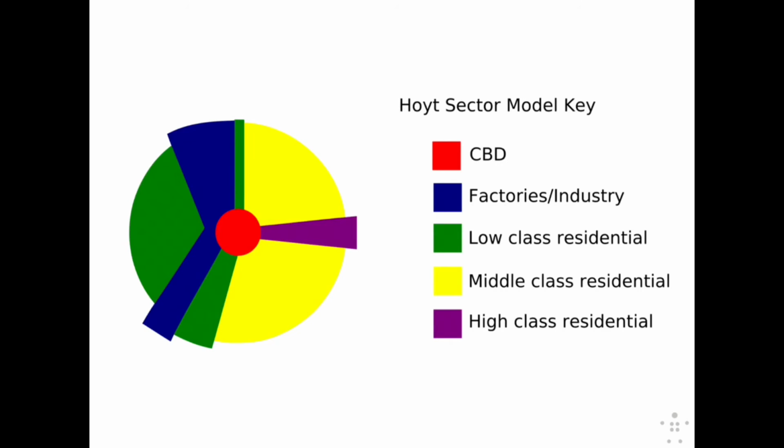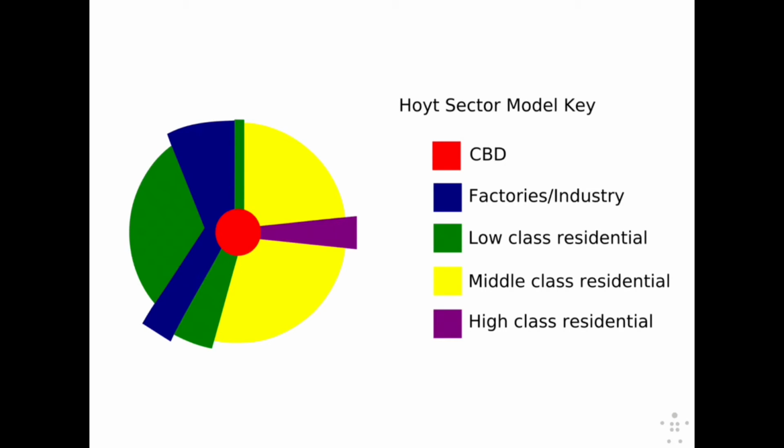Hoyt's sector model is accurate in explaining the growth of numerous industrial cities in Great Britain. If Hoyt's model was futuristic, you could replace the transportation sector of the model with a high-speed rail line. That would be kind of your bluish areas in this picture of the Hoyt sector model.